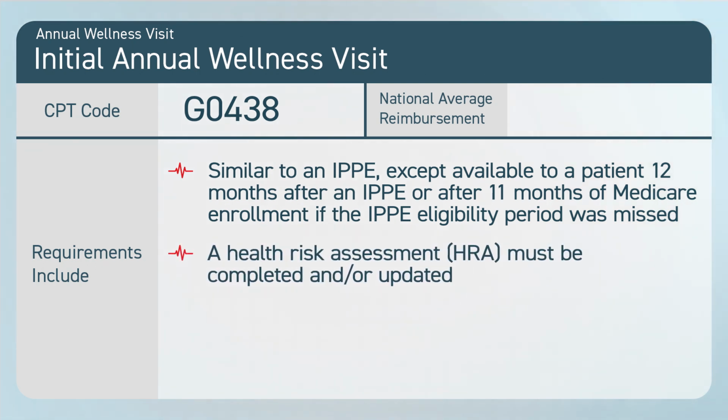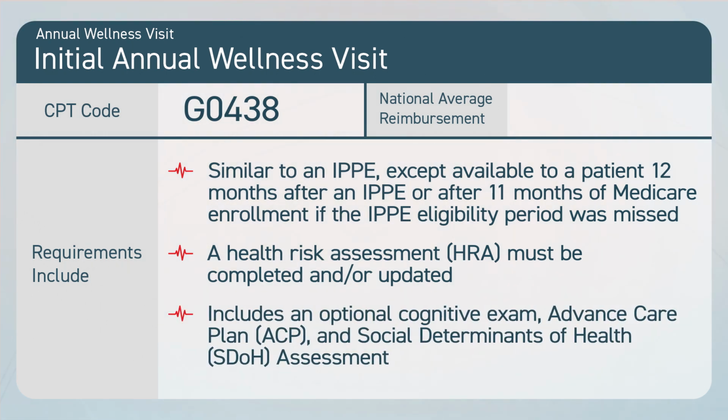A health risk assessment is also completed during this visit, as well as an optional cognitive exam, advanced care planning, and social determinants of health screening. The current national average reimbursement for G0438 is $163.